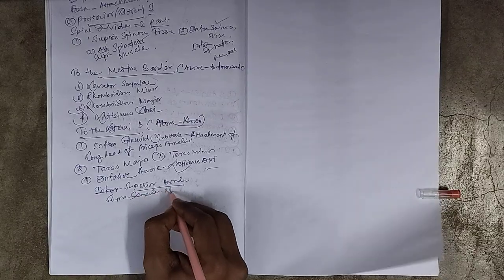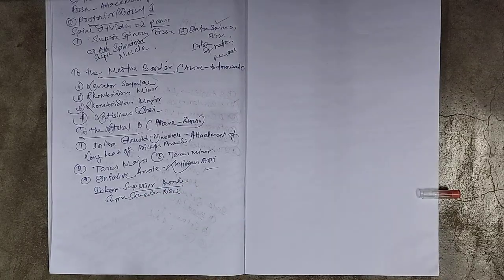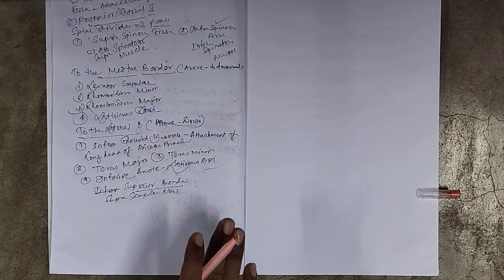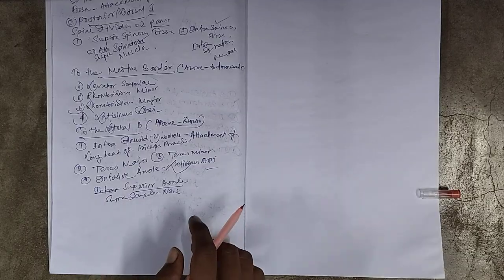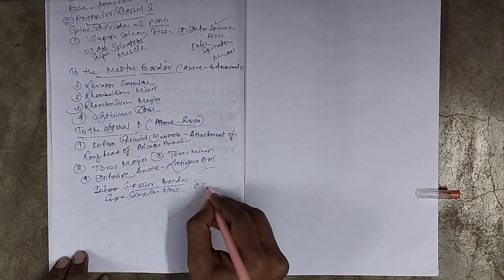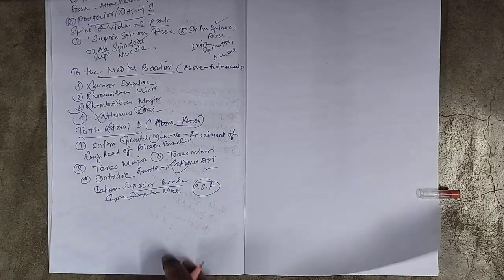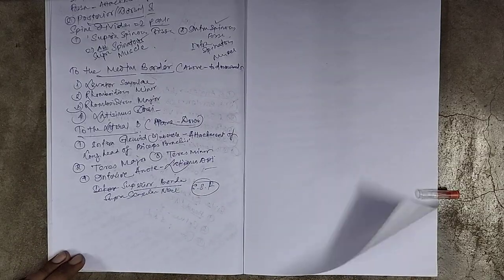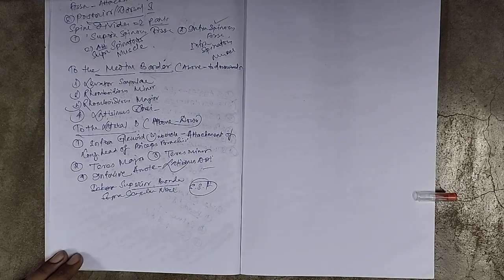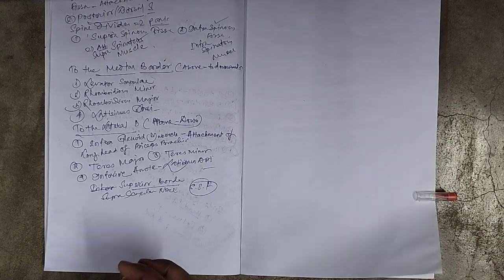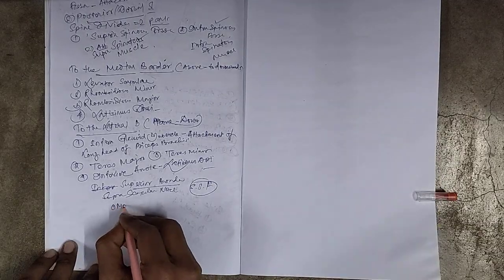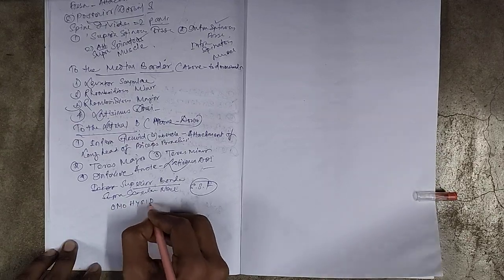This notch may be converted into a foramen called the suprascapular foramen. Just medial to this notch is the attachment of the inferior belly of the omohyoid muscle. So what is the muscle? Omohyoid muscle.